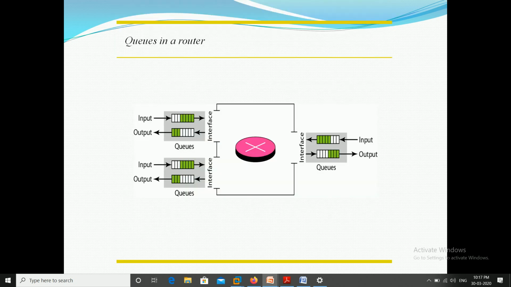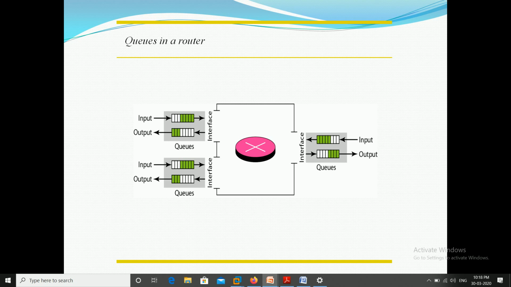Now, how will a packet travel through the intermediate node? We can define an intermediate node as a router. The main process of a router, which we discussed in the last unit, is routing. Routing is a phenomenon in which it sends the packet to the next node towards its destination. Now, we have the interfaces.